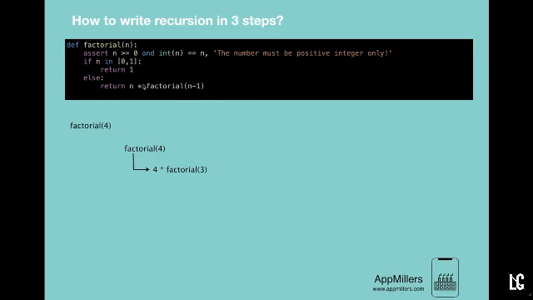Now one more time in the else condition, we have a return value which is n multiplied with factorial n minus 1. So in our case, n is 3. So it will be 3 multiplied with factorial 2. So here one more time we see that we don't have any return value for 2, which means that our function will be called recursively once again.